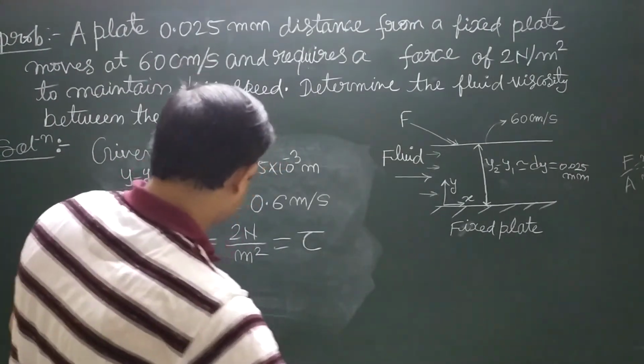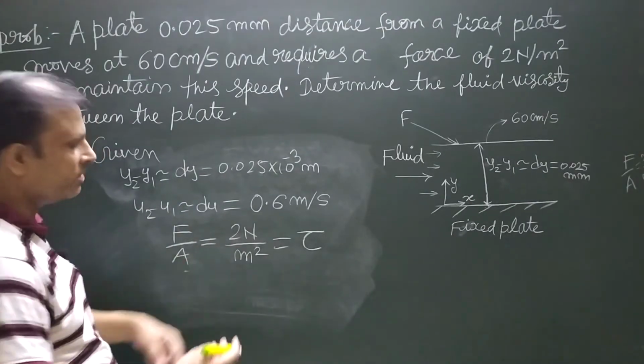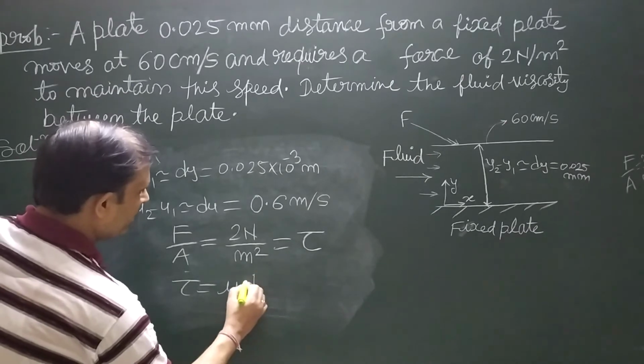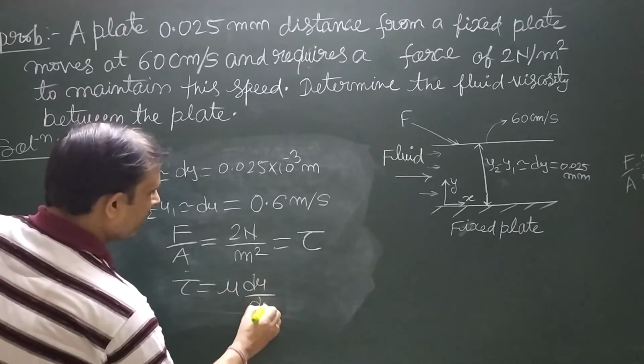Next we have to put all these values in the equation of Newton's law of viscosity, tau equals mu du by dy.